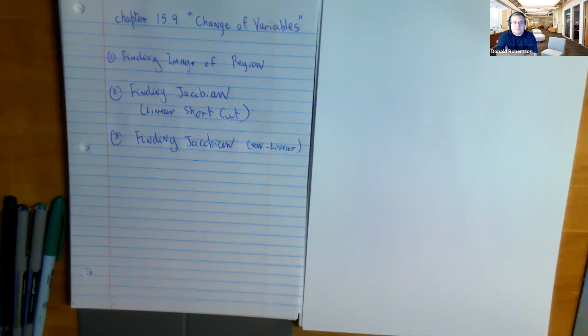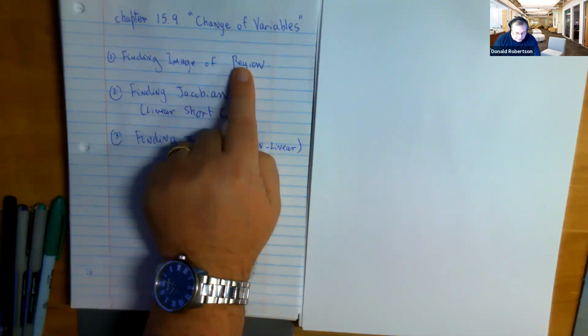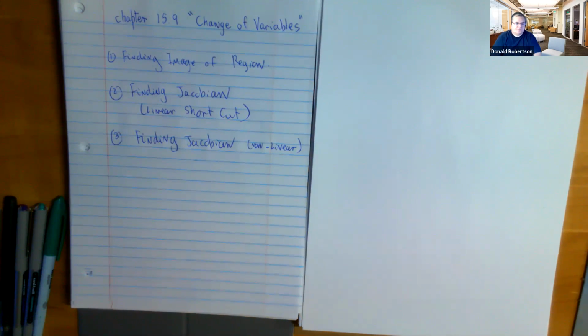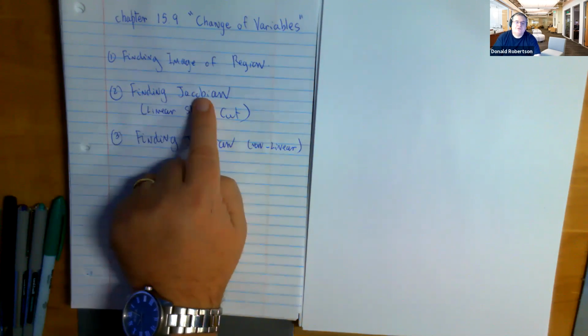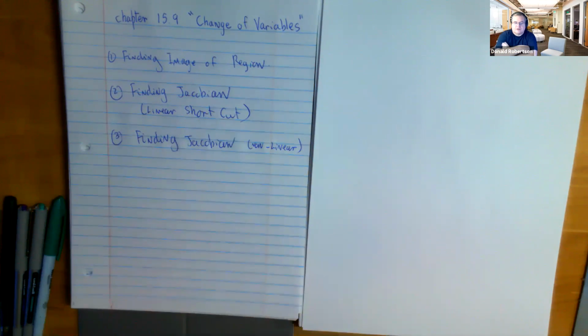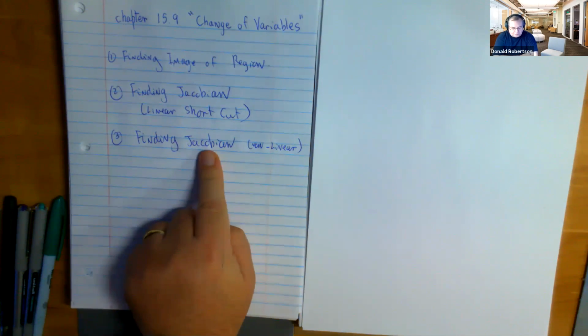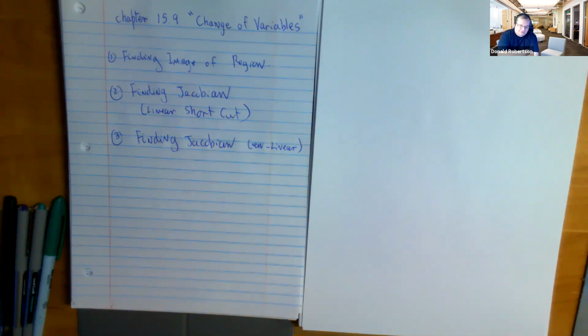We're going to be looking at how you find an image of a region when you do a change of variable on it, how to find what are called Jacobians, and I'm going to show you a nice trick called a linear shortcut, and how to find Jacobians when they're not linear, which is basically the normal way of doing them anyway, but we're going to look at them in two different groups. The shortcut is really very helpful to just make your life easier. But if you don't like the shortcut method, then you can use number 3 for everything, and that will work.